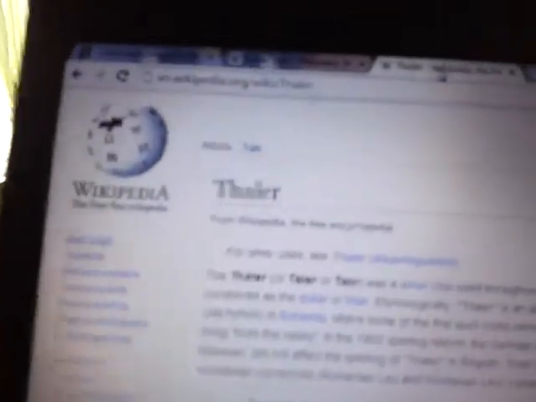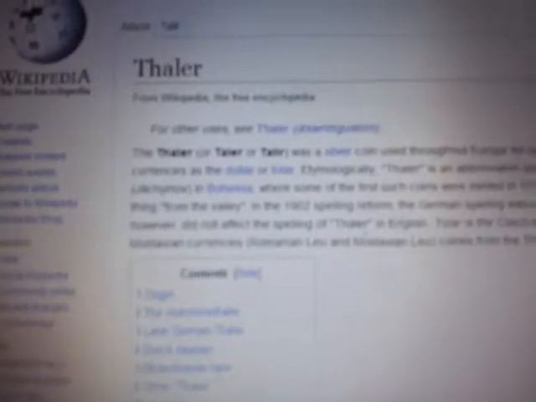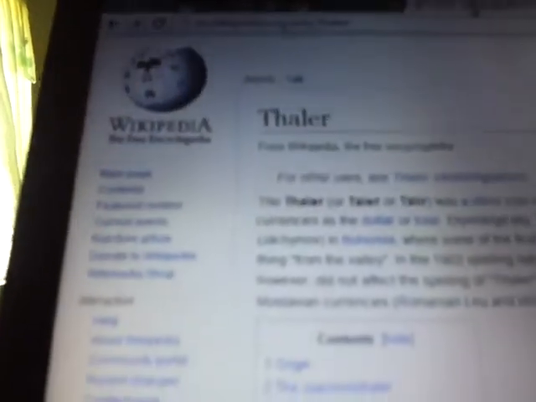Alright. Thaler, T-H-A-L-E-R. The thaler was a silver coin used throughout Europe for almost 400 years. Its name lives on in various currencies as the dollar or tolar.